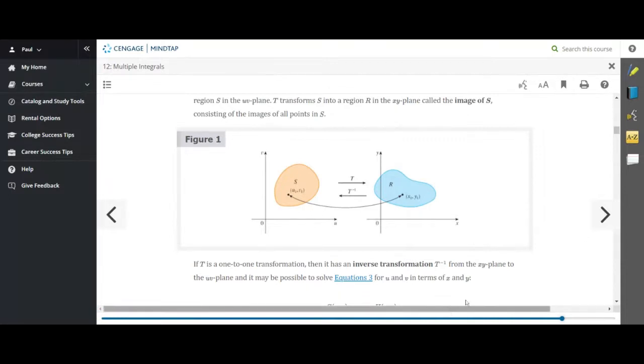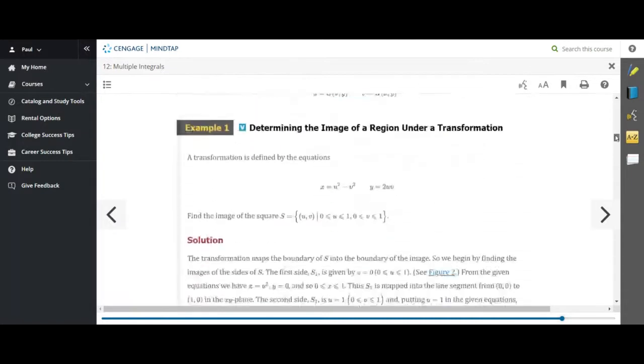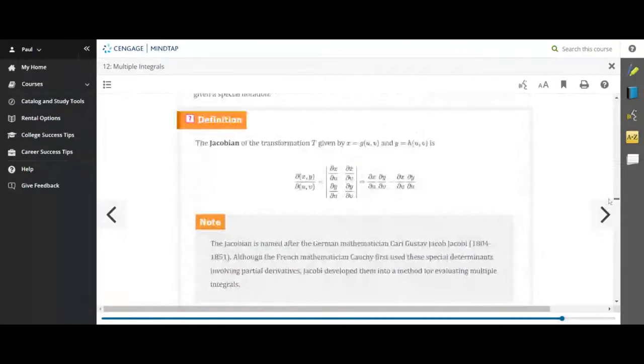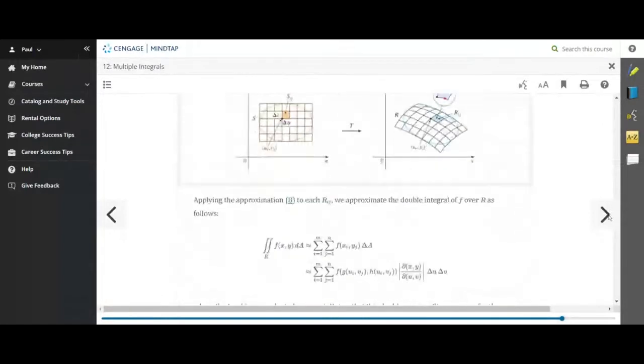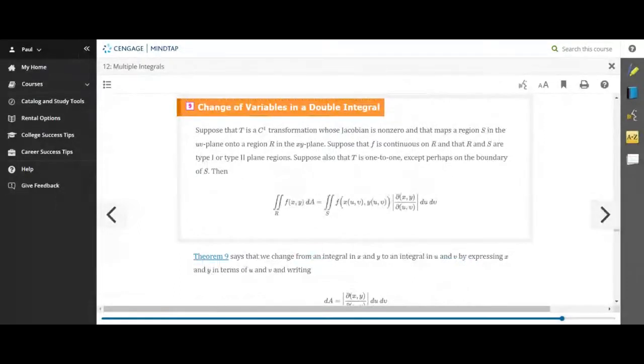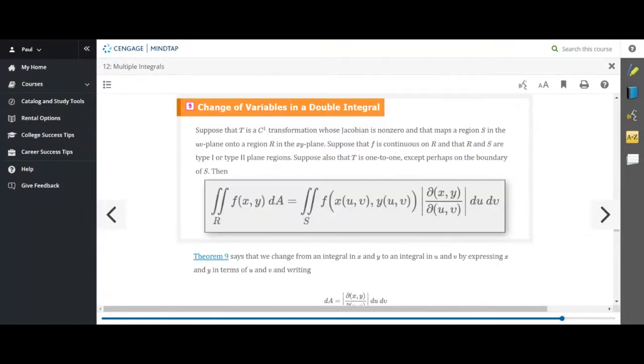Now, I want to get right to the point we need to get to here. If you were to do a change of variables in a double integral, you have a double integral over some region R with variables x and y, and you can't do that double integral for some reason.